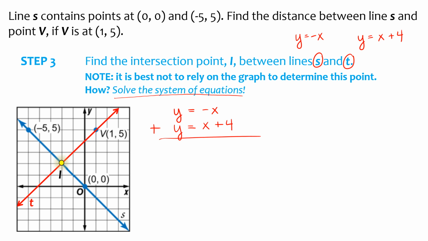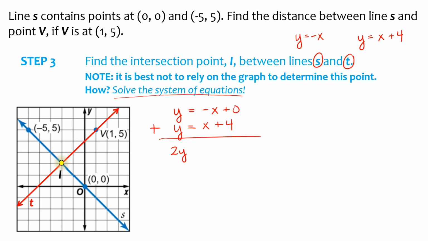I'm going to add. Notice our equations are set up so the variables and everything are stacked together, like our equal sign and everything. So I'm going to add y plus y to get 2y. When we add -x plus x, that variable eliminates, it cancels out. So it's gone. We still have, though, 4, or 0 plus 4.